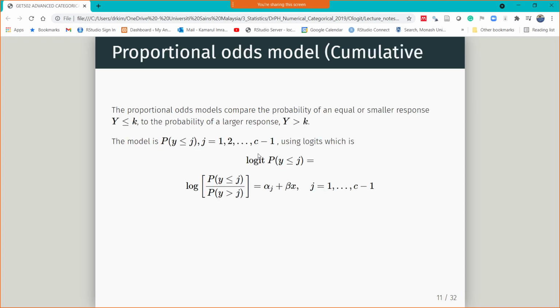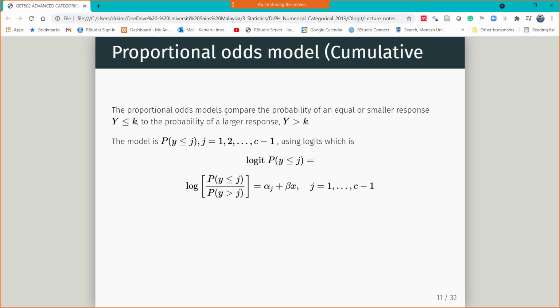And the last one is the proportional odds model, or cumulative link logit model. This is the most commonly used model for data with an ordinal outcome. Proportional odds model, cumulative link logit model, or ordinal logistic regression: different names, but the same concept.